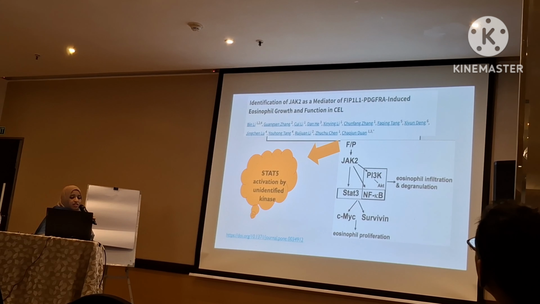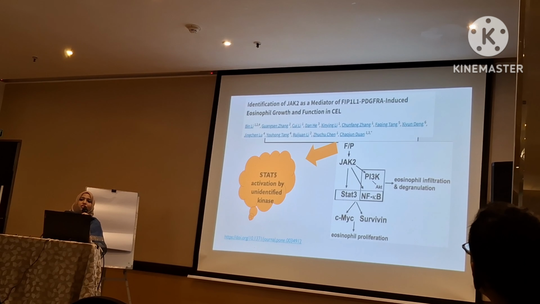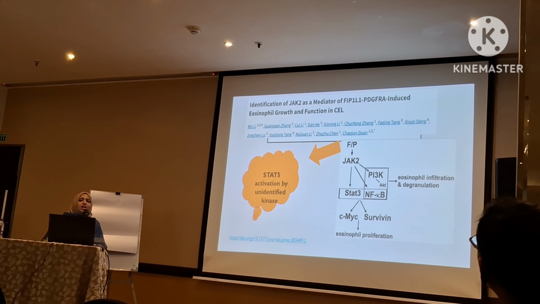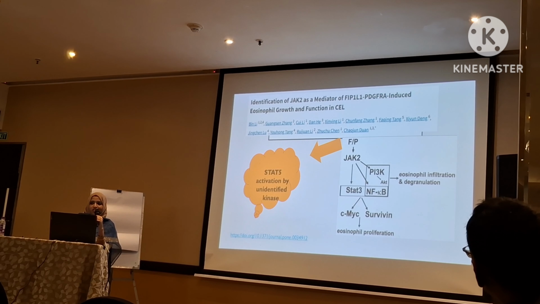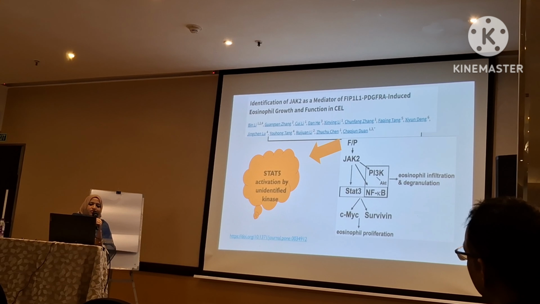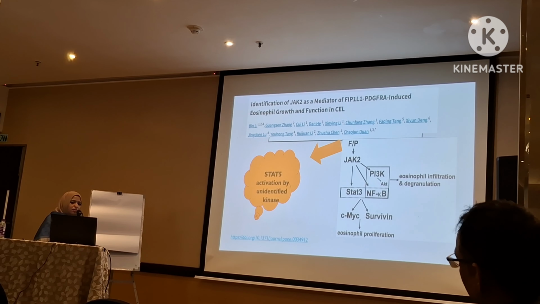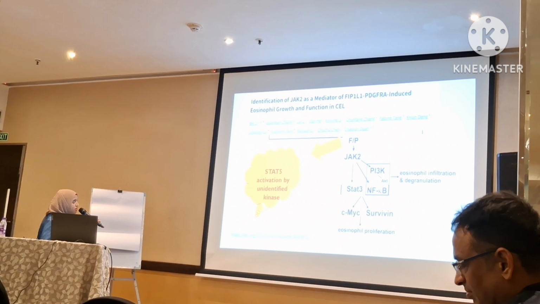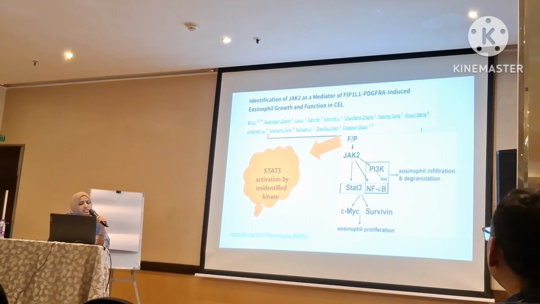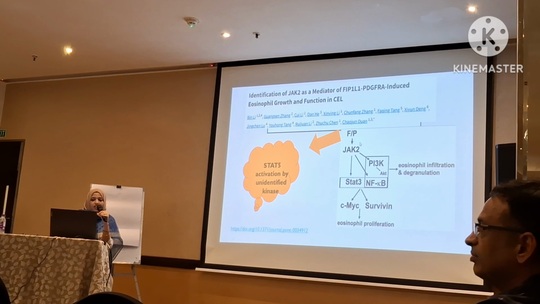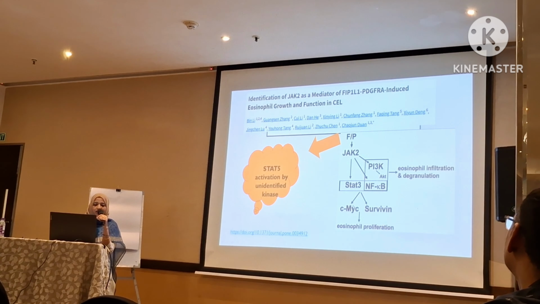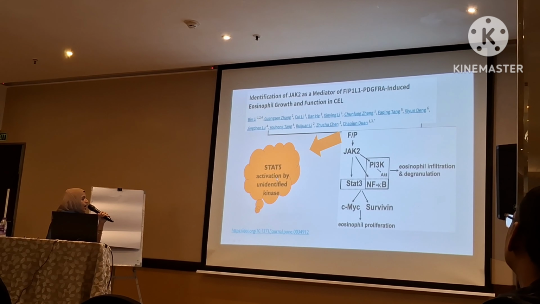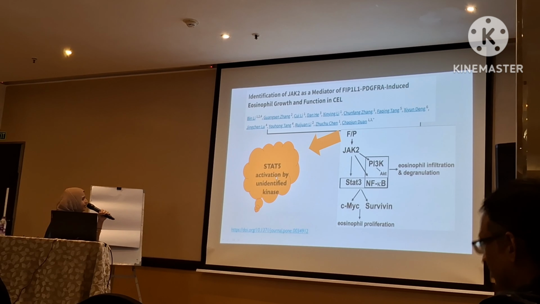Why the FIP1L1-PDGFRA fusion causes preferential proliferation of eosinophils is largely unknown to date. But a few papers are coming up talking about JAK2 as a mediator of FIP1L1-PDGFRA induced eosinophilia. Basically, FIP1L1-PDGFRA activates STAT5 and STAT3. But STAT5 activation happens by some unidentified kinase.